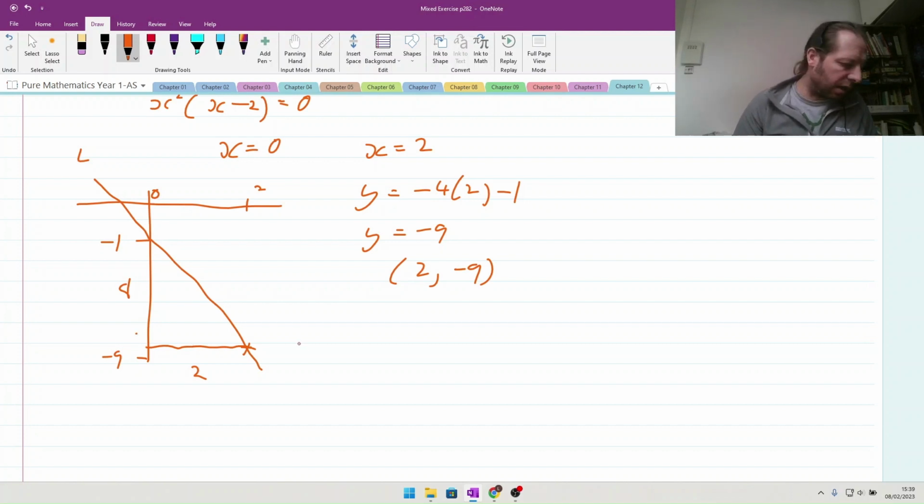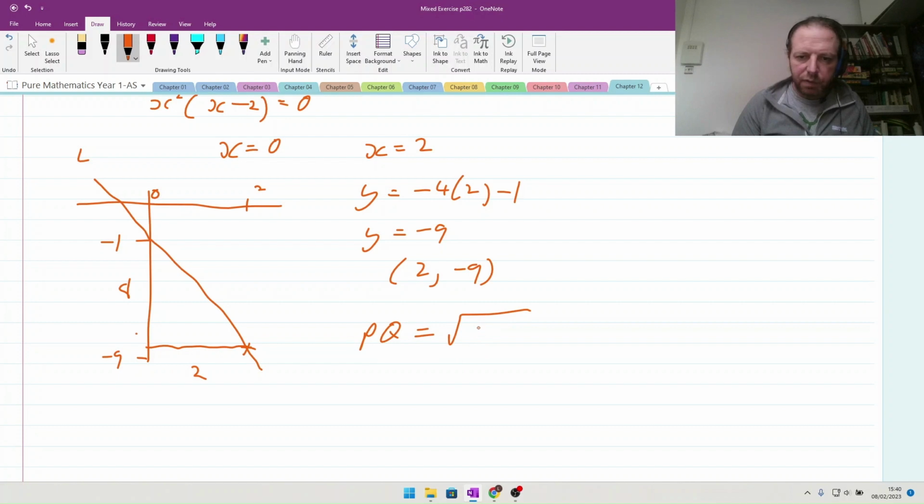So the length PQ is going to be the square root of 8 squared plus 2 squared, which is 2 root 17, which is what we needed to show.